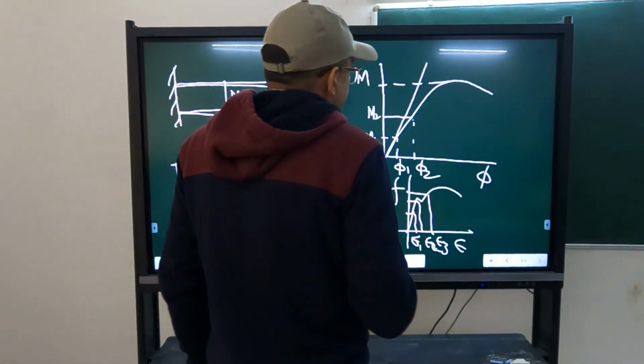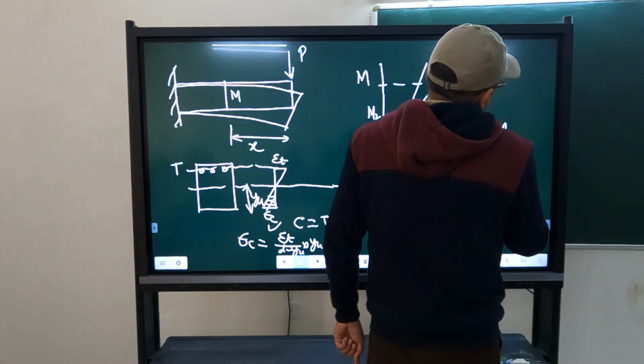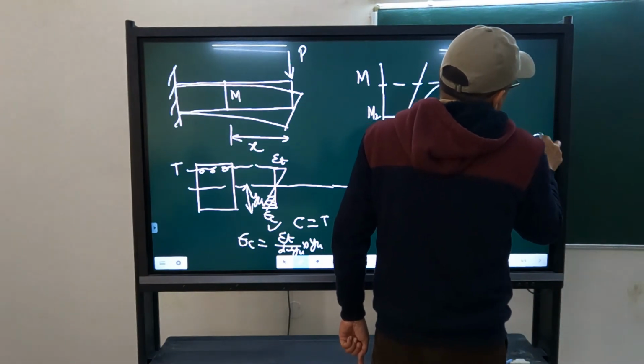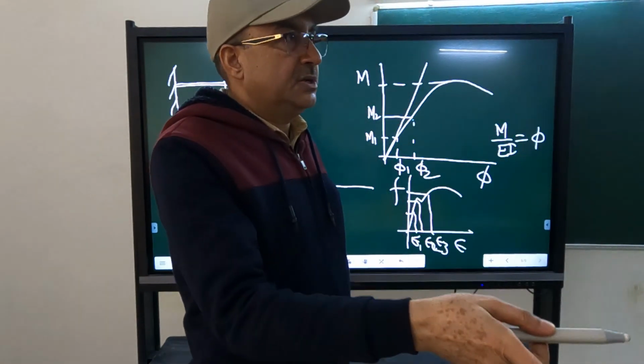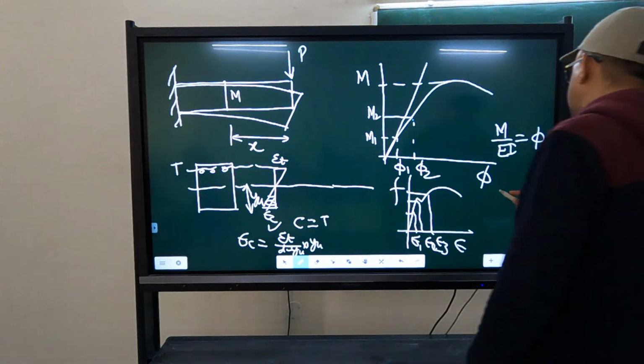Now, in the previous case, we have written M over EI is equal to 5. Recall? Look at the page. We have written that now: M upon EI is 5. So what is M over 5?